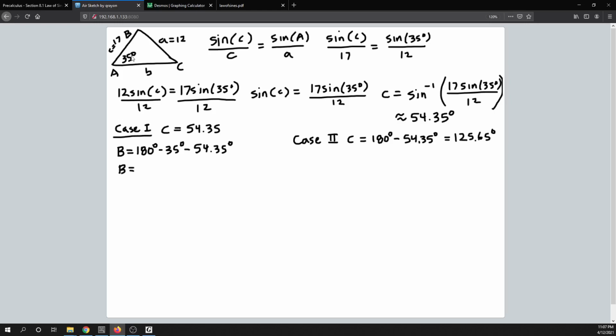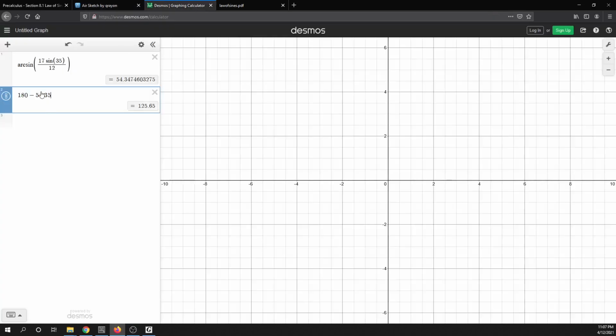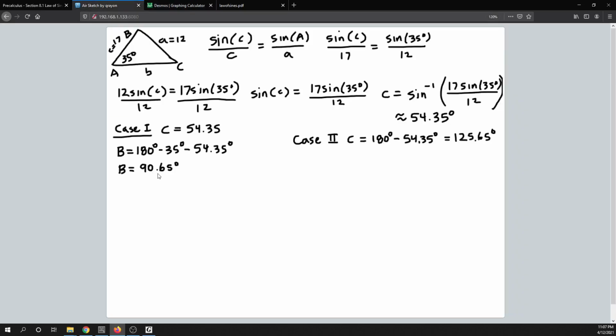So that's 180 minus 35 minus 54.35, and so we get 90.65 degrees. All right, and we're going to do the same thing in case 2.